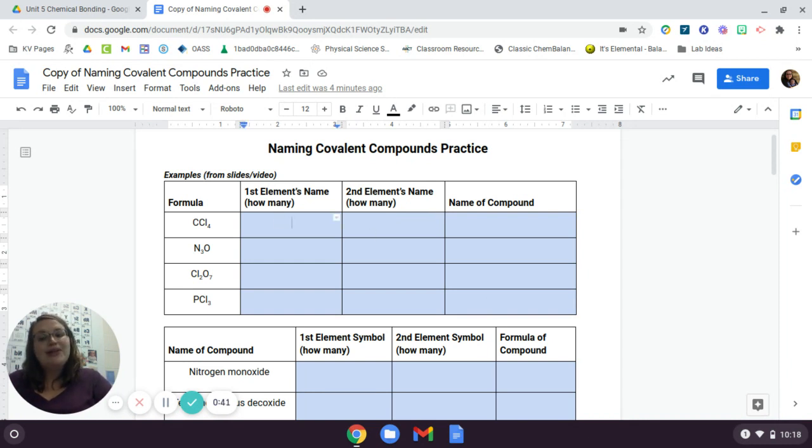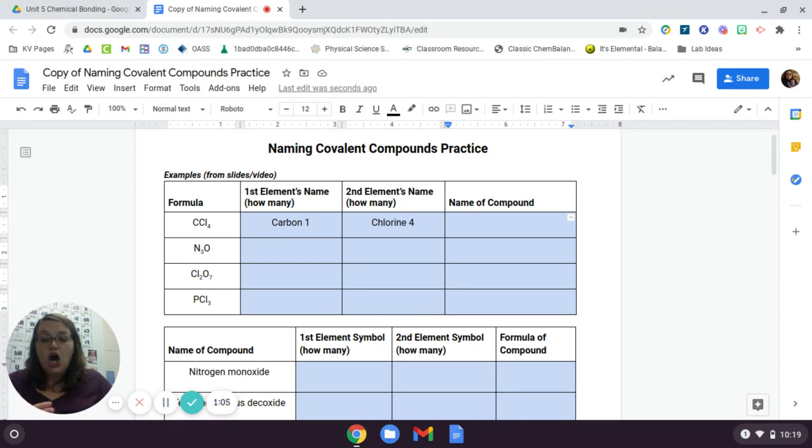So our first example is CCl4. C is carbon. If there's no number, that means we only have one. Cl is chlorine, and we have 4. So to name this compound, if we only have one, normally we would use mono, but we don't use mono when it's only one of the first element.